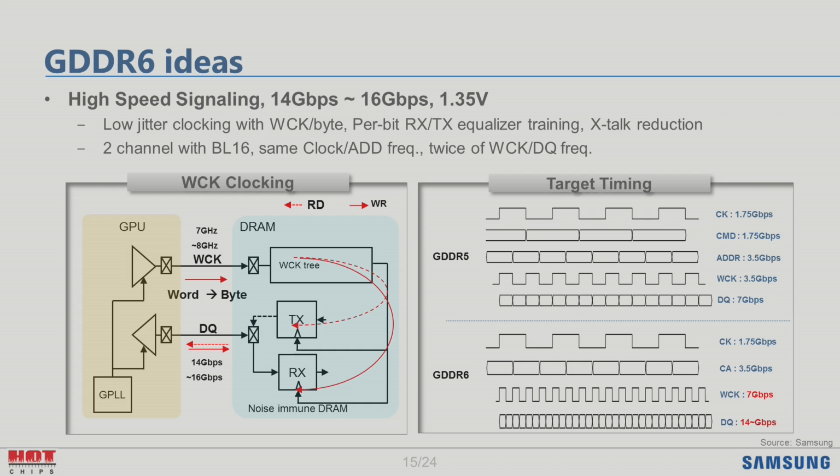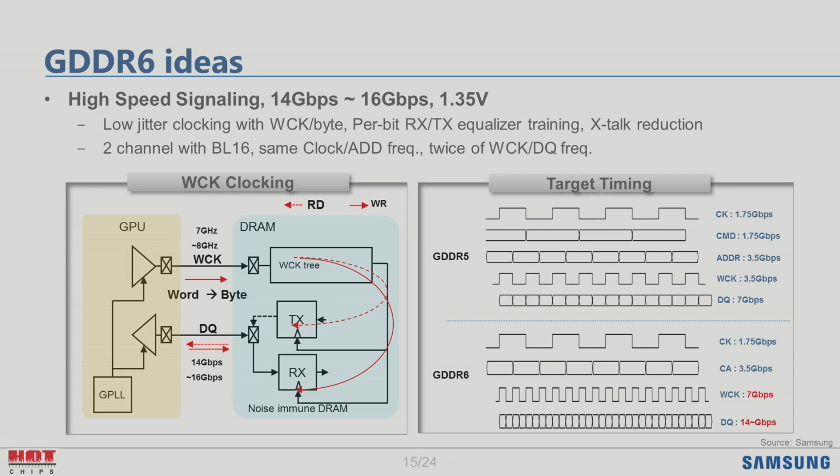And another idea is to minimize crosstalk on the board level and the package level. The picture on the right is the target timing of GDDR6. The GPU or SoC does not need to change the clock and address frequency. Only the WCK and the DQ frequency is doubled.